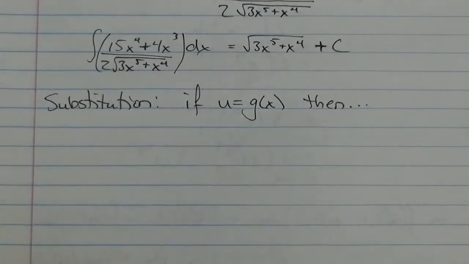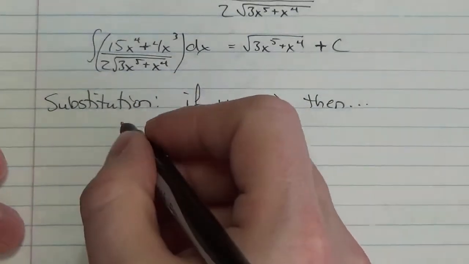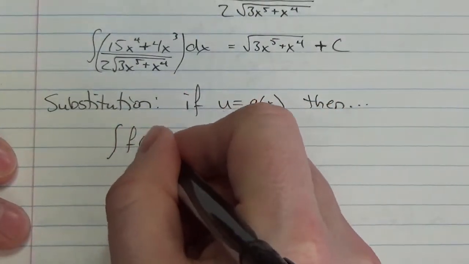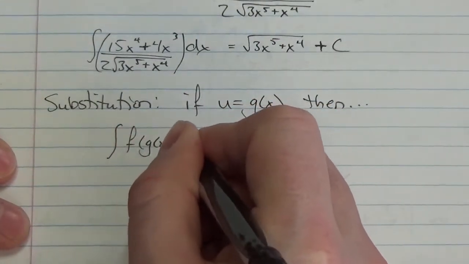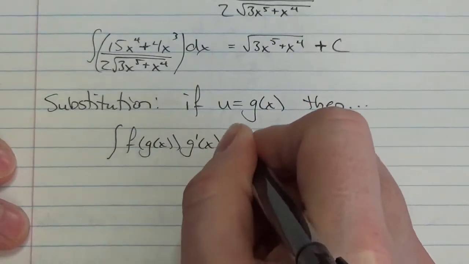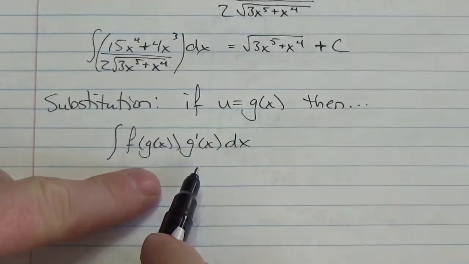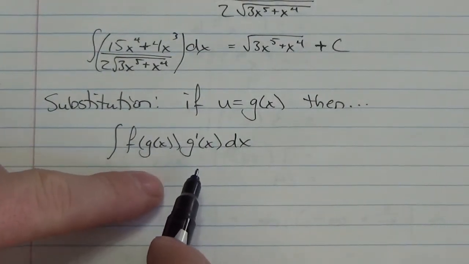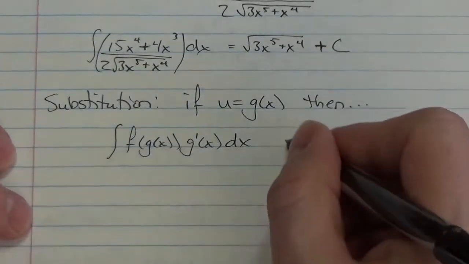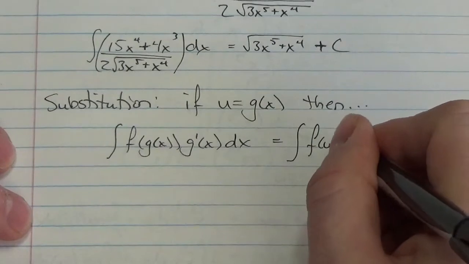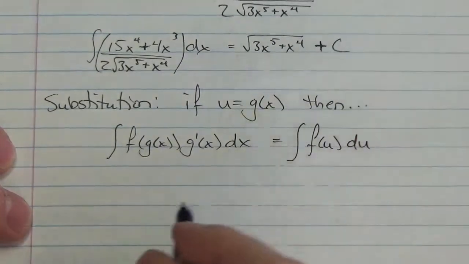This is going to be the integral of f of g of x multiplied by g prime of x dx. Sometimes that's not always easy to notice. Sometimes it's quite easy to recognize, but not all the time. That is going to equal the integral of f of u du.